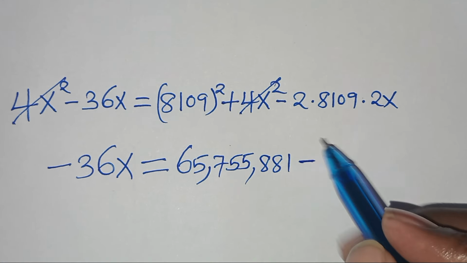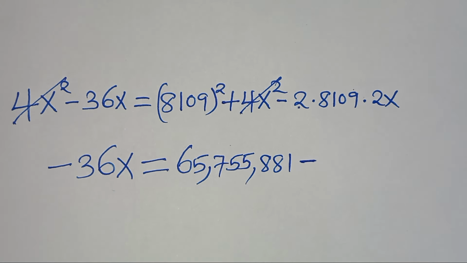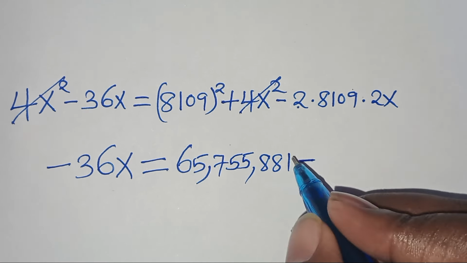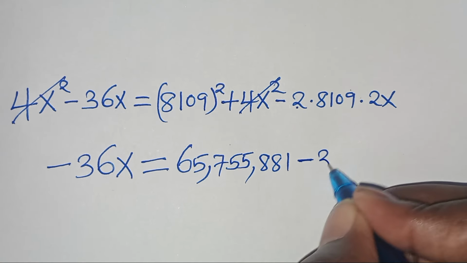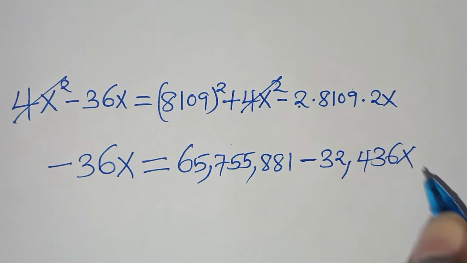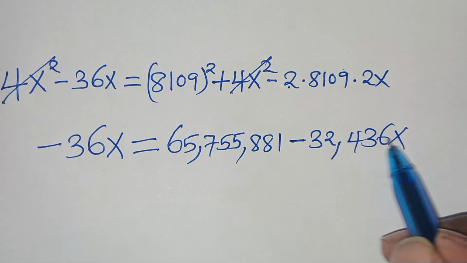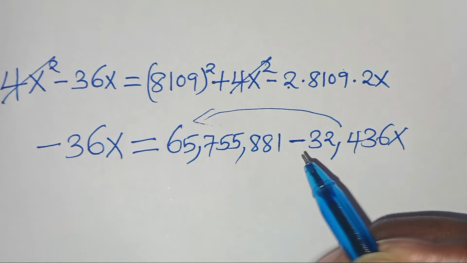Then subtract 8109 times 2 times 2x, and this is equal to 32,436x.